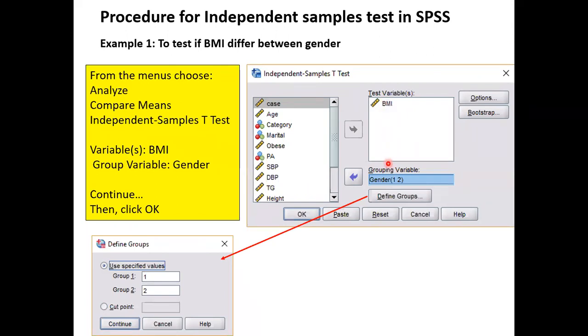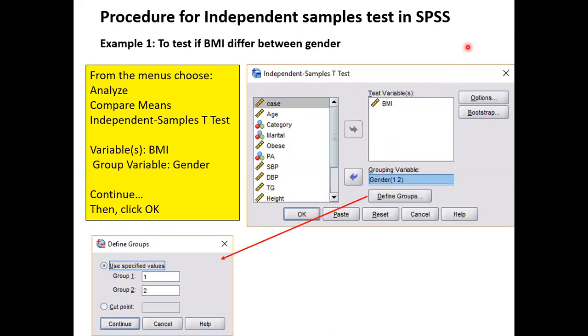Grouping variable, gender, male, female. Define groups. My data coding is 1 is female, 2 is male. With 0 and 1, you put 0 and 1, but with my data, the coding is 1 and 2. That's all. Follow the instruction and then click OK.